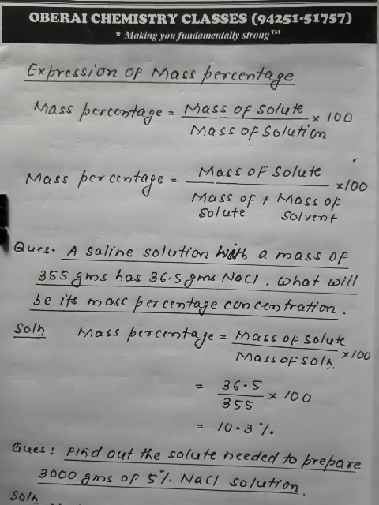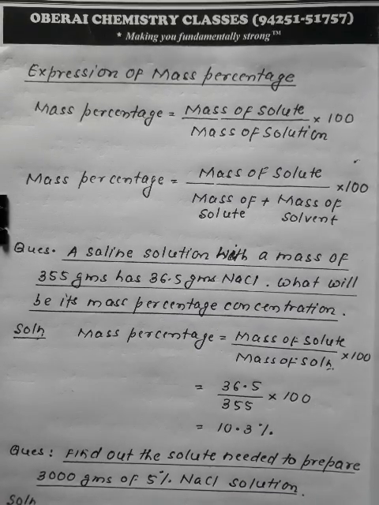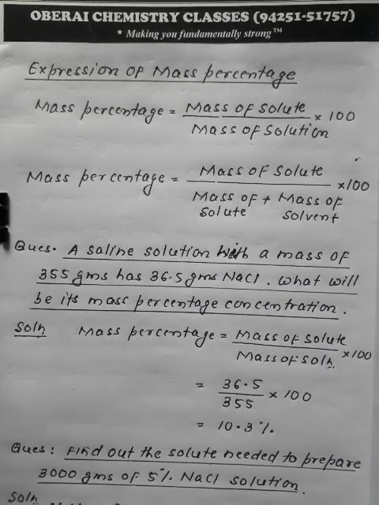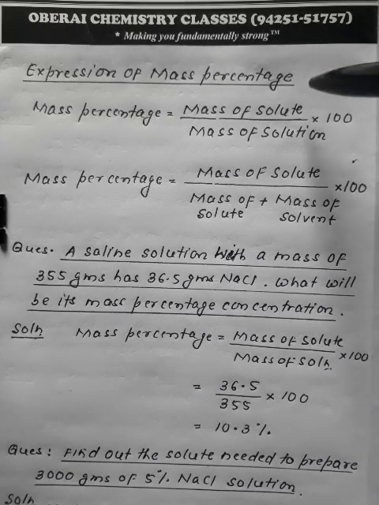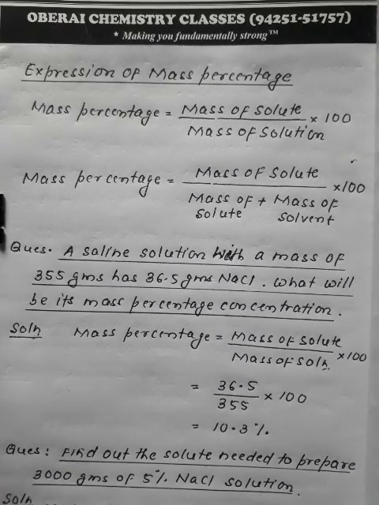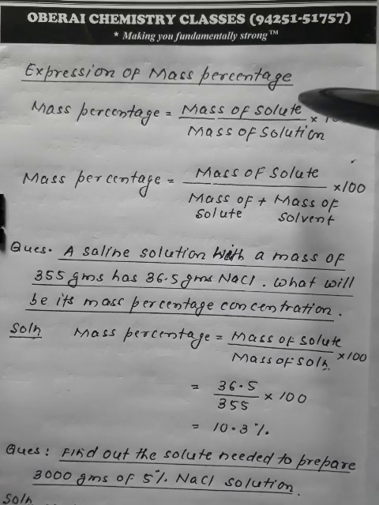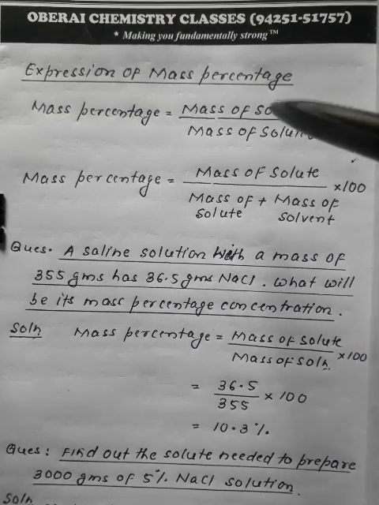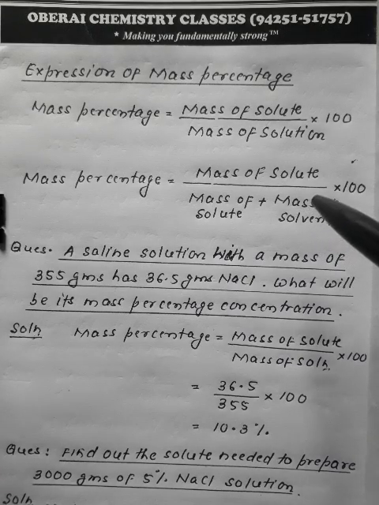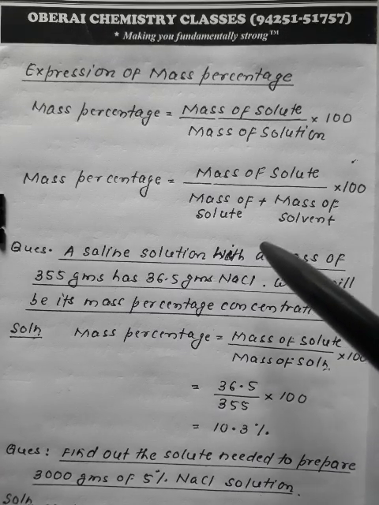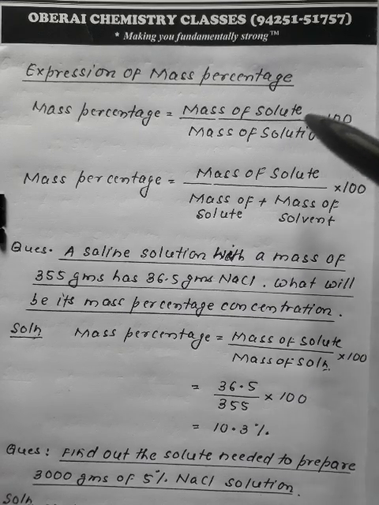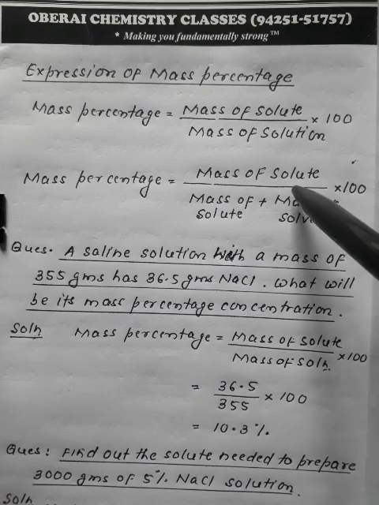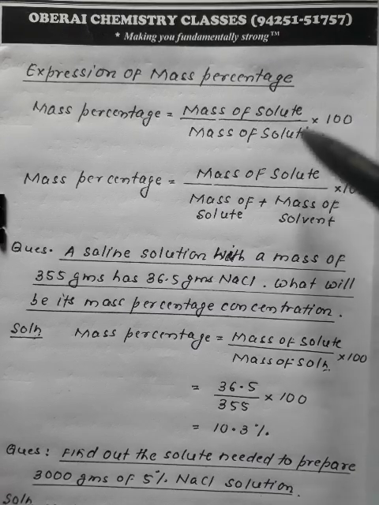Mass percentage is also represented as mass of solute upon the mass of solution into 100, or we can say mass percentage is equal to mass of solute upon mass of solute plus mass of solvent, which is the mass of solution, into 100. So these are two formulas through which we can make further calculations based on mass percentage.